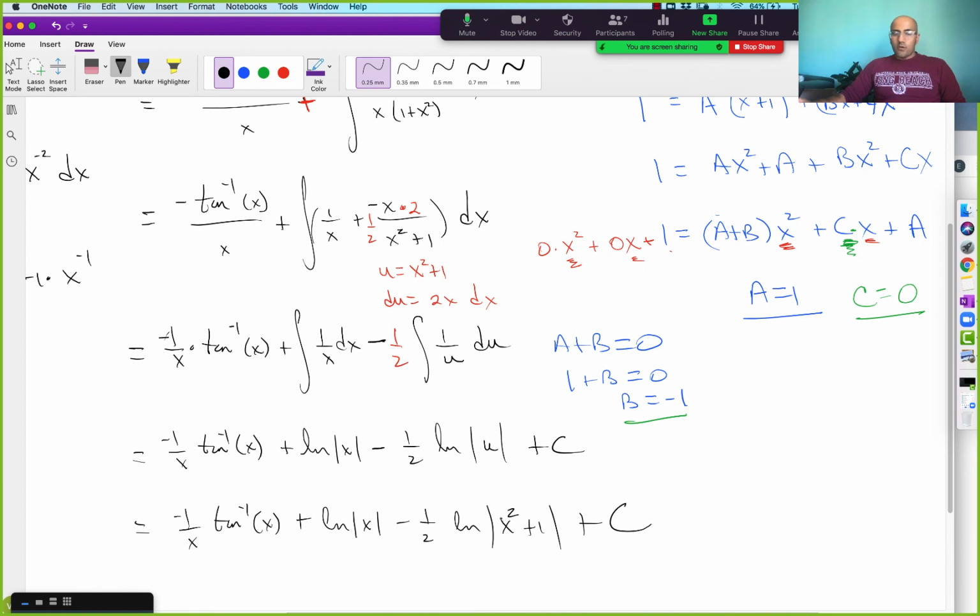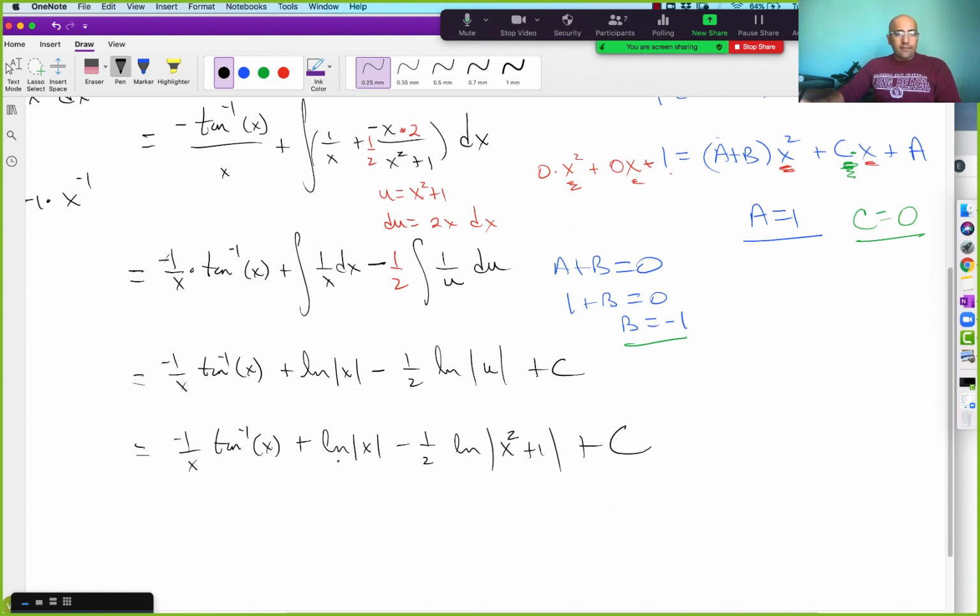Well, we could leave it alone like this, or we could manipulate this a little bit, because I know that the book likes to combine the log terms. So to combine the log terms, I'd have to write it like this.